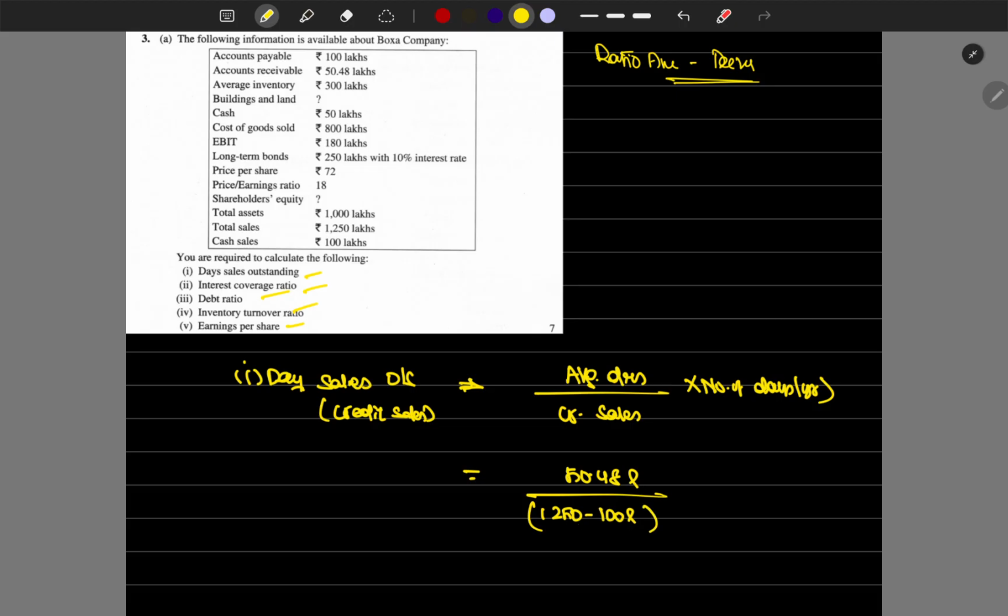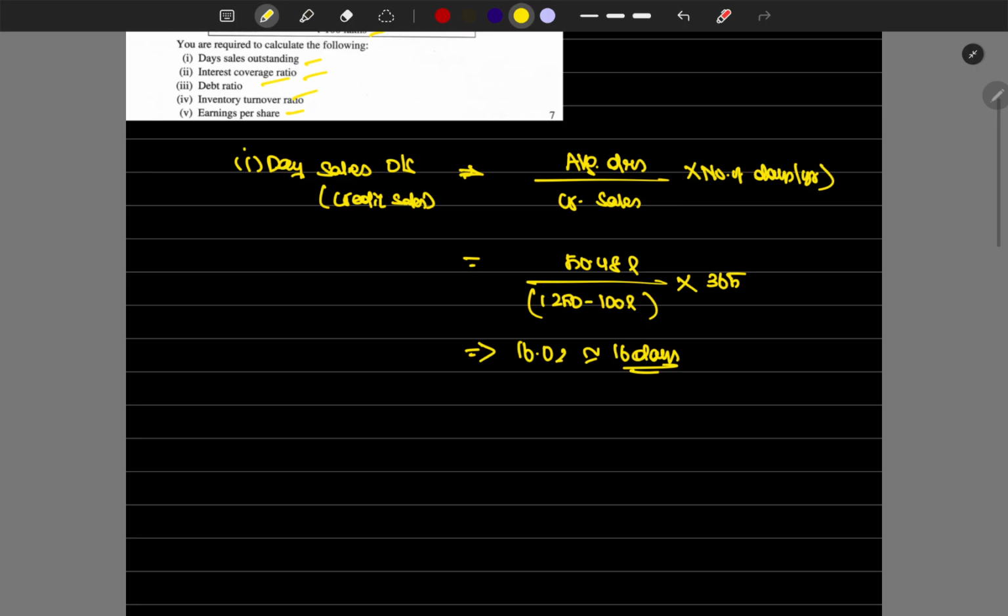Total sales is 1250, cash sales is 100, so credit sales will be the balance. The number of days in a year is 365 days. So 50.48 into 365 divided by 1150 gives 16.02. So 16 days is the credit outstanding period.